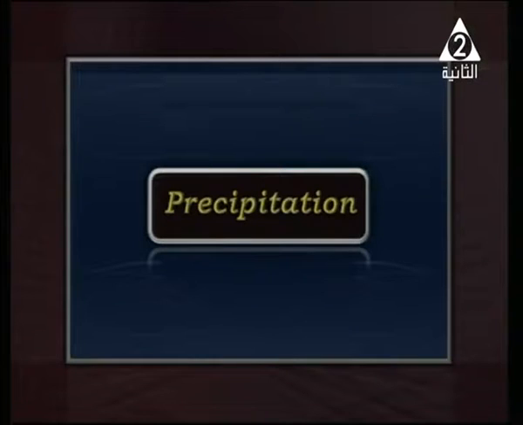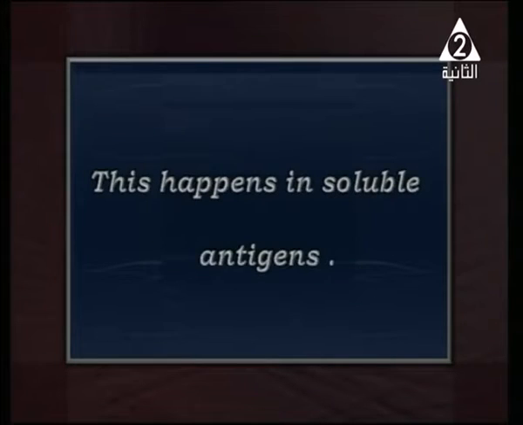After that, from the other specific mechanisms, we have the precipitation of the antigen. Precipitation happens with soluble antigens. From its name, we need something that precipitates, as you studied in chemistry.